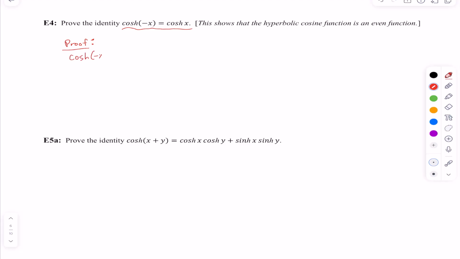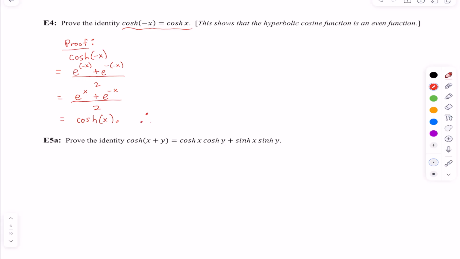And with this expression, you're just trying to make substitutions. And if you look closely, that is in fact e to the positive x plus e to the opposite of x divided by 2, which is just another name for the hyperbolic cosine of x.